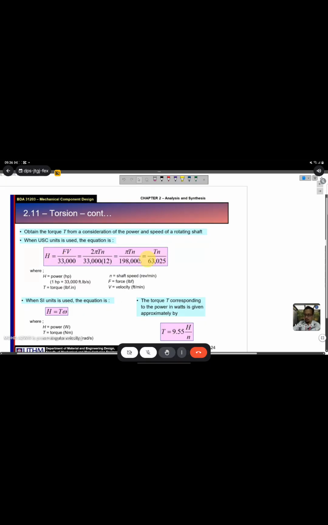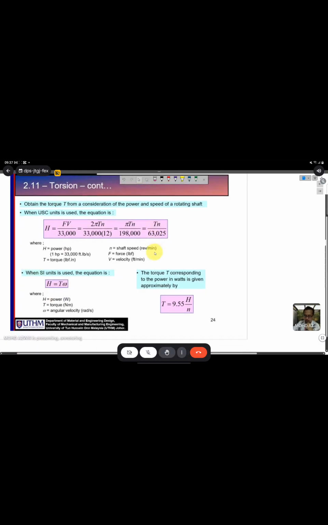Your torque will be power times this value, 63,025, divided by the speed. N is shaft speed in RPM, revolution per minute. You can choose whether you want to use the first, second, third or fourth equation. All of these will have the same value. It depends on whether you want to calculate the force or the value of torque.